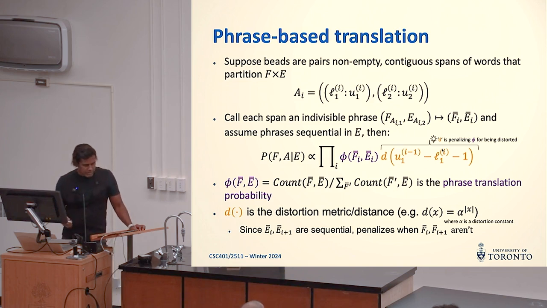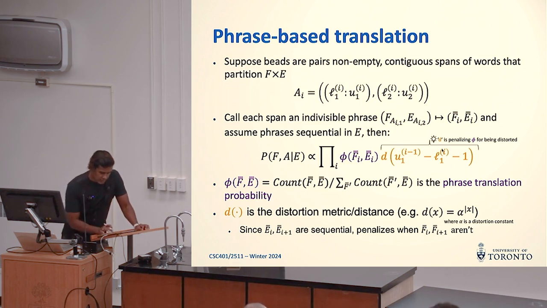The intuition behind the distortion penalty is: what is the overlap, or what is the distance between corresponding French spans? I think it's easy to see it like this. Let's say we have an alignment of two blocks of French phrases.